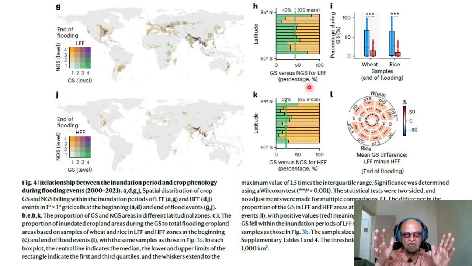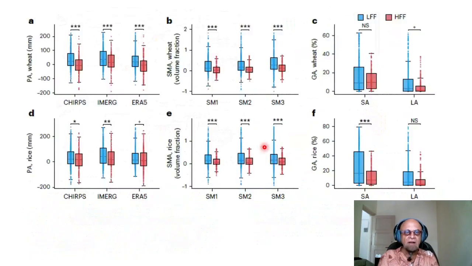Obviously floods tend to coincide with rainfall season, and floods occur in the rainfall season, and the phenology of vegetation and crops are looked at here again for wheat and rice for LFF and HFF. Okay, this is the wheat area precipitation anomalies in millimeters.